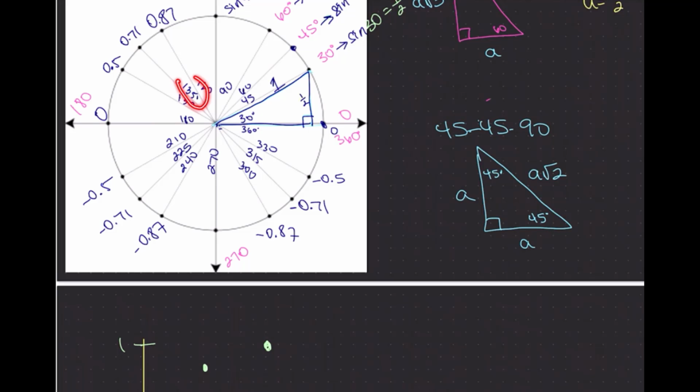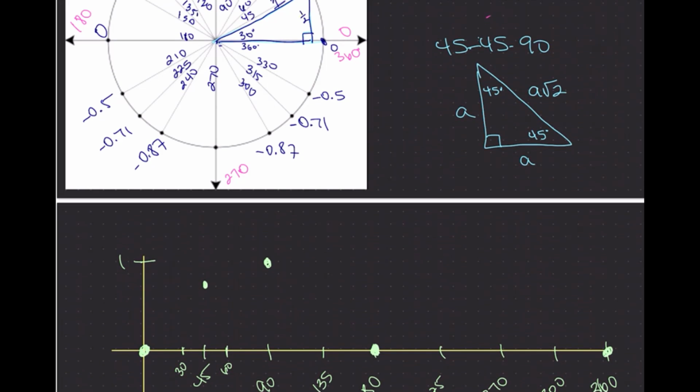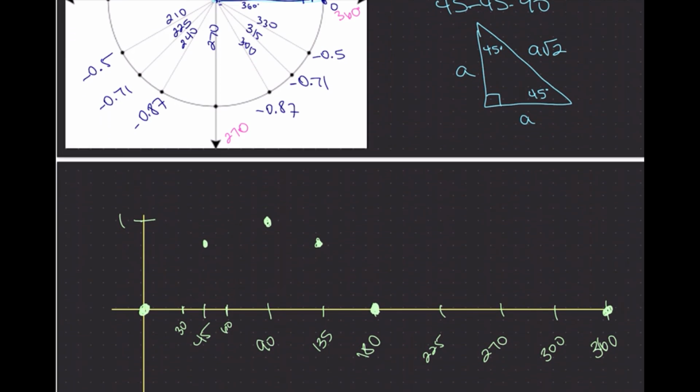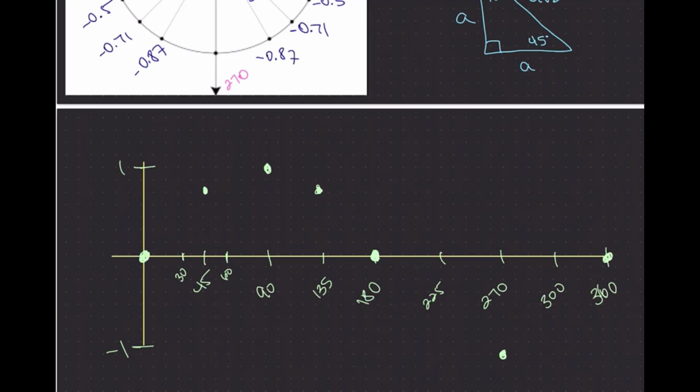And then at 135, we were at 0.71. At 225, we were at negative 0.71. And at 300, we were at negative 0.71.